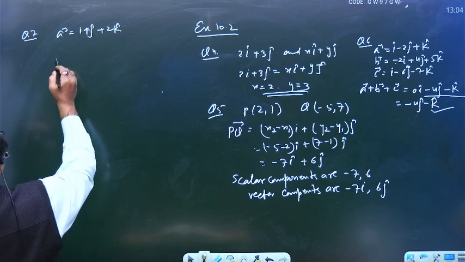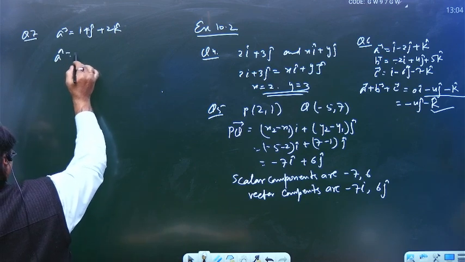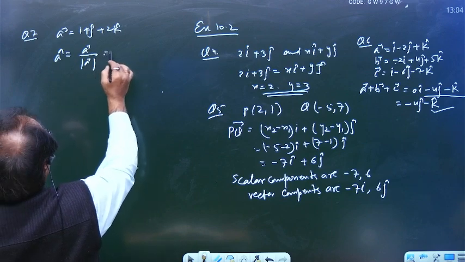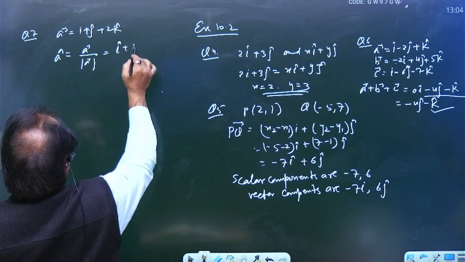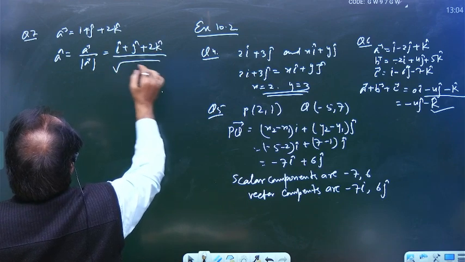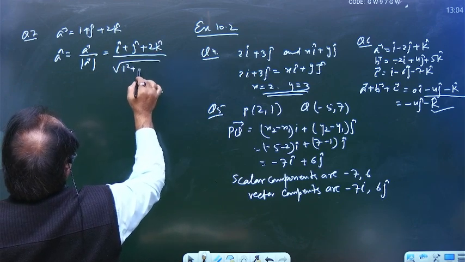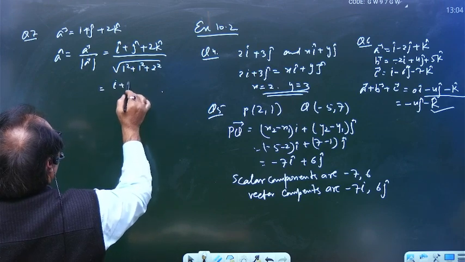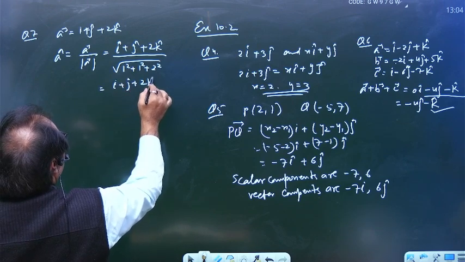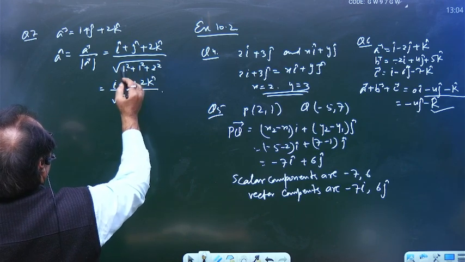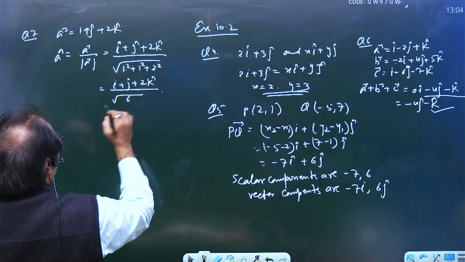As per the definition of the unit vector, A cap is equal to the vector upon its magnitude. So the vector is i cap plus j cap plus 2k cap divided by the magnitude: square root of 1 square plus 1 square plus 2 square. So this is i cap plus j cap plus 2k cap divided by root over 1 plus 1 plus 4, that is root over 6.